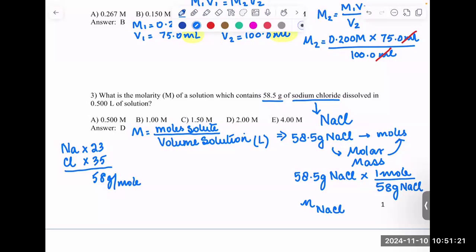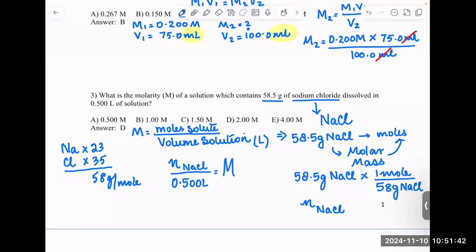Now, the good part is you are given liters, so you don't need to change. Just put in these moles of NaCl and divide that by the given volume, which is 0.500 liters. And that is the molarity.